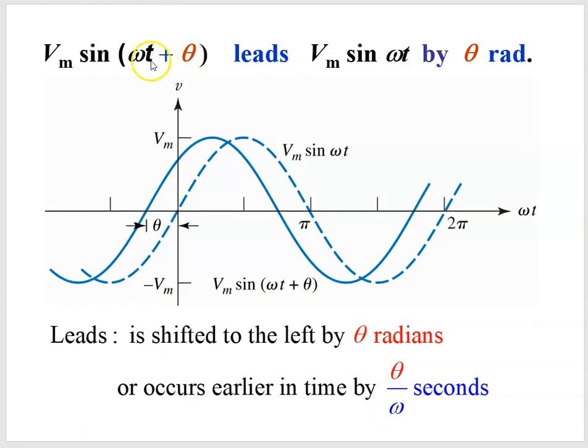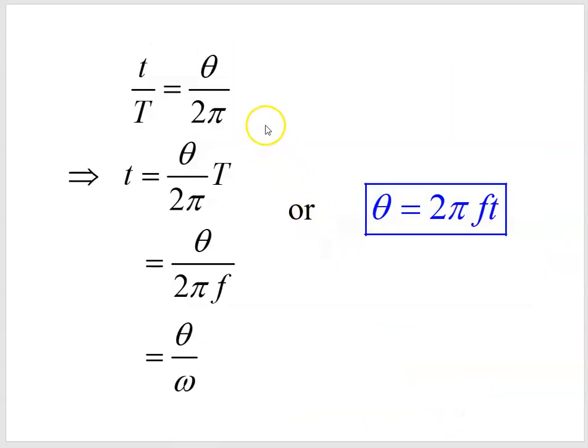If Vm sine omega t plus theta leads Vm sine omega t by theta radians, then it's shifted to the left by theta radians, and it occurs earlier in time by theta over omega seconds. We can derive that time. The time divided by the period is the phase angle divided by a complete period, 2 pi: seconds divided by seconds, radians divided by radians.